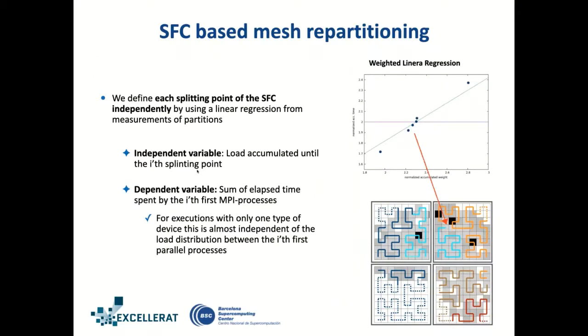So that's what I explained here. We consider for each splitting point the accumulated load until this splitting point and the accumulated time as well. And according to this, with a linear regression, we can get a smooth convergence to a properly balanced problem.